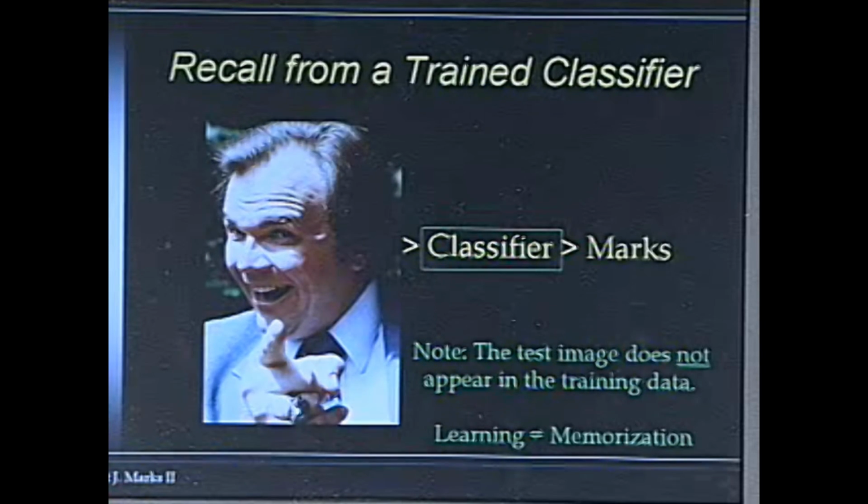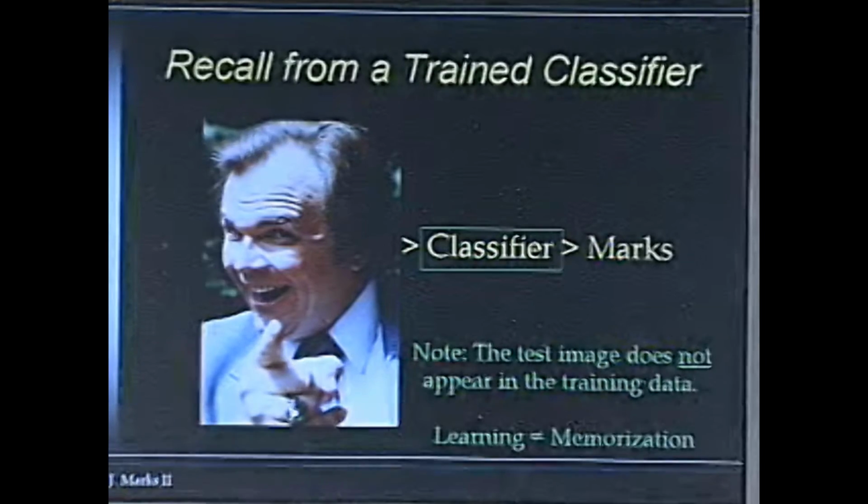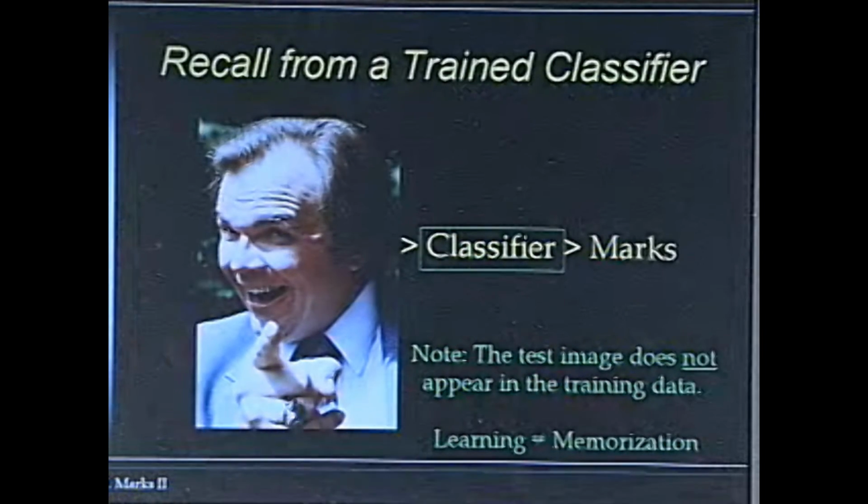This indeed is the difference between memorization and learning. If you memorize, you can only recognize things you've seen before. Well, you can do this with a database, right? You just do a table lookup sort of thing. But what you want is to be able to recognize things outside of the class that you used to train the neural network.